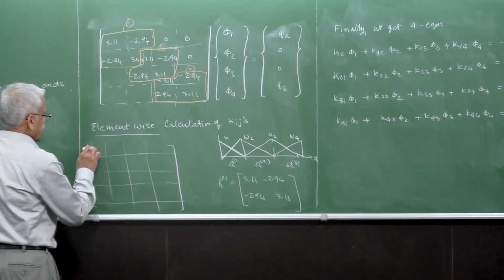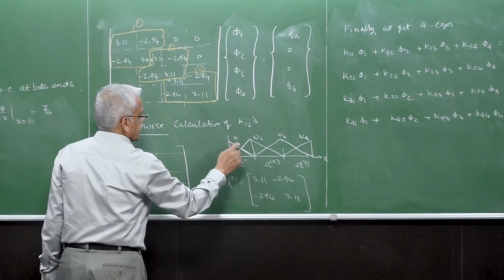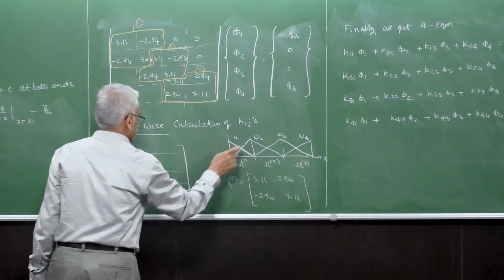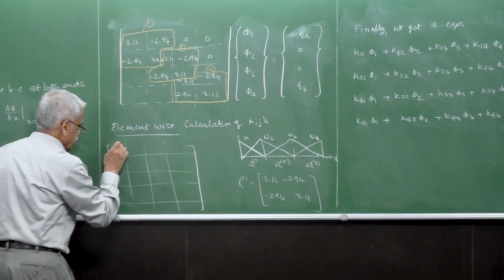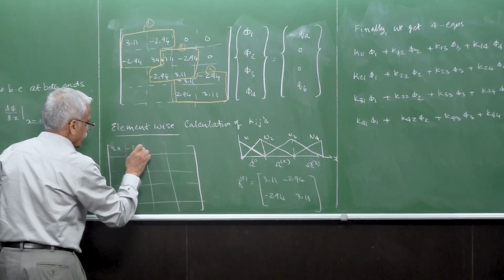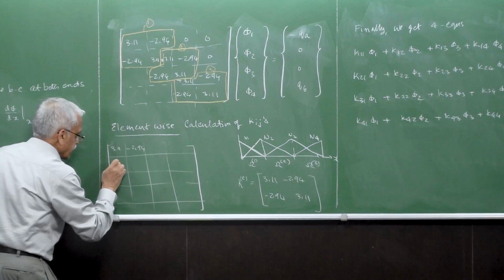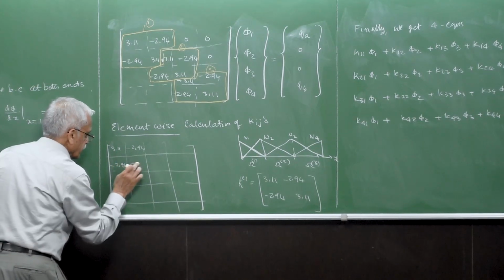So what we have, element 1 will contribute to where we have 1 and 2 here. That means it will contribute to 1, 1. So that's 3.11, and 1, 2, 2.94 here, and 2, 1, 2.94 and 2, 2, 3.11.